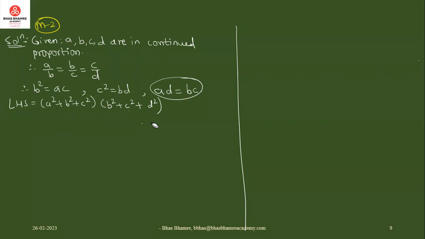Literal product? Yes, I can. So we have A square in bracket B square plus C square plus D square, plus B square in bracket B square plus C square plus D square, plus C square in bracket B square plus C square plus D square.